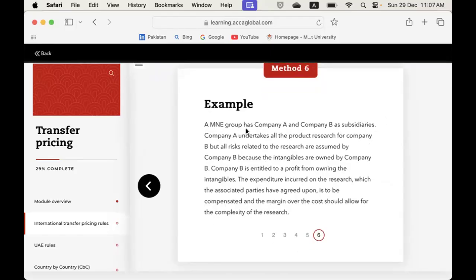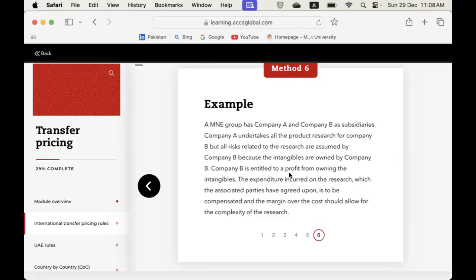A multinational enterprise group has company A and company B as subsidiaries. So two subsidiaries of the MNE. Company A undertakes all product research for company B. But all risks related to the research are assumed by company B. So company B has commissioned the research, and who's doing it? Company A. Because the intangibles are owned by company B, the risks are assumed by company B, who has commissioned the research.